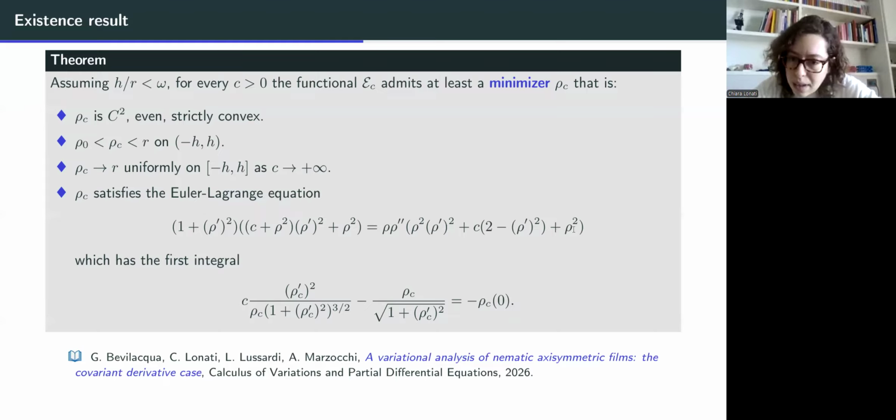This minimizer satisfies this Euler-Lagrange equation, and there is this first integral that is basically the height of the intersection between the vertical axis at x equal to 0 and the minimizer. All these results were achieved in this paper that was recently published. So I would just like to make some remarks on the proof.